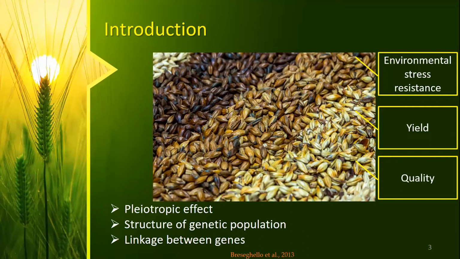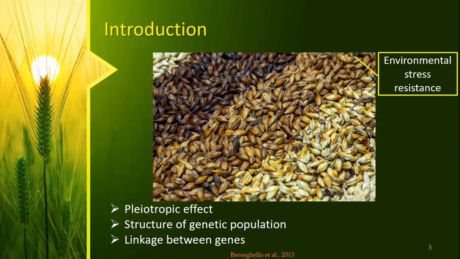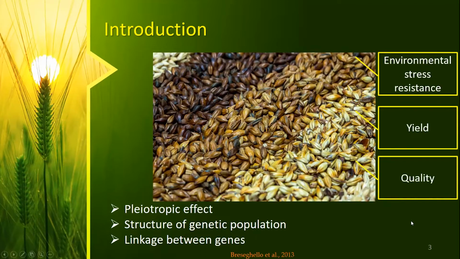Such a task is difficult because of the pleiotropic effect of some genes, the structure of the genetic population, and the linkage that exists between genes on the chromosome. In addition, the change of a selected trait may result in anticipated or unanticipated change connected with the trait of interest, in the desired or the opposite direction.